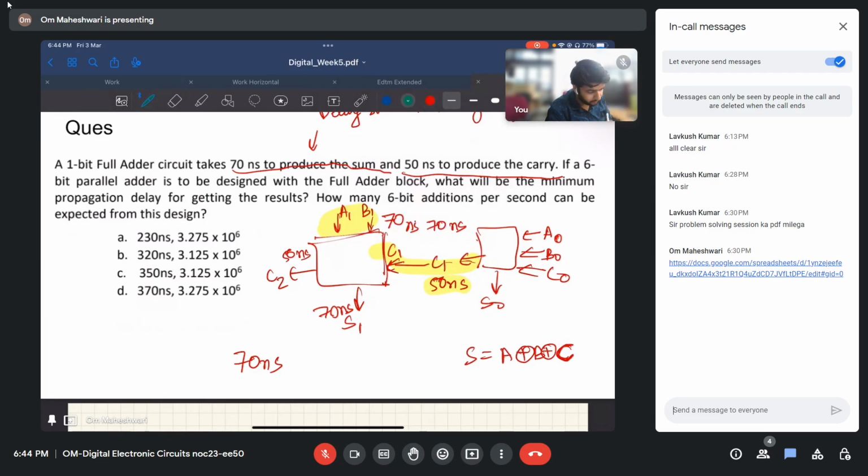Every C will get propagated, so C1 to C2 to C3. For 4 bits, C0 will not get propagated, but you will have 3 times the carry delay. Only 70 nanoseconds for the sum.